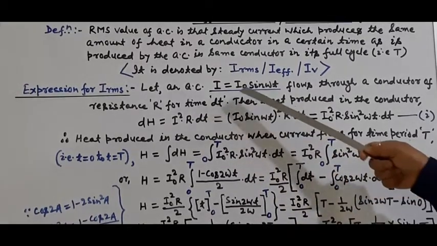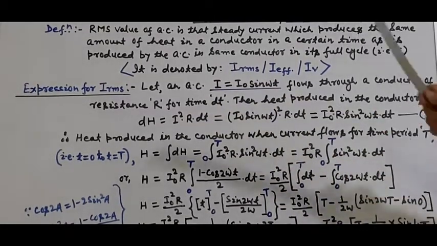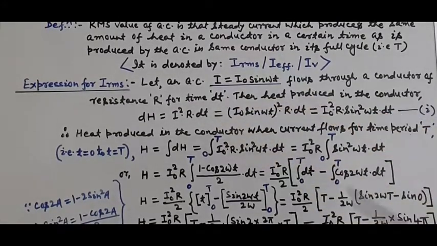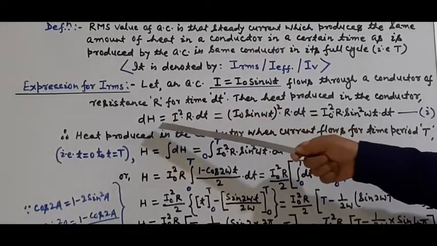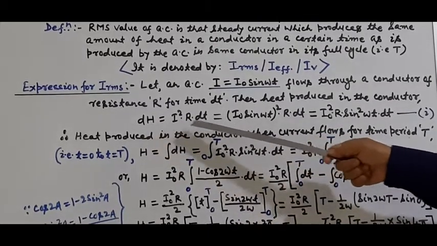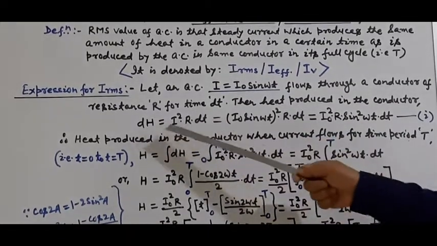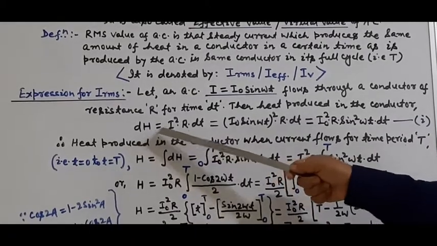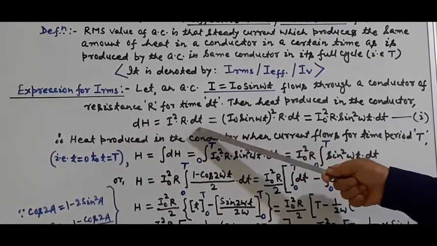What is the heat produced in that conductor by this current for short time dt? You know the formula for heat, H is equal to I square R t. So for a small time dt, a small heat dH is I square R dt.